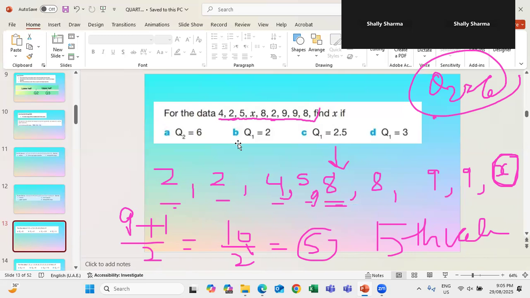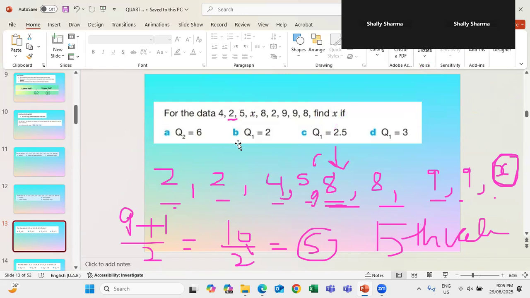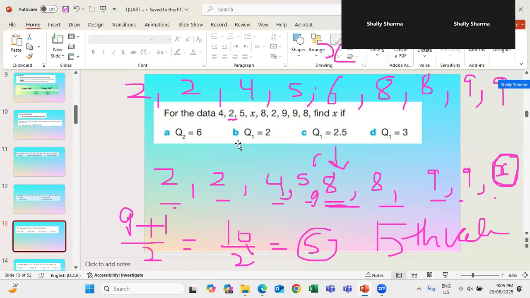So I will put my x at this place, 6 here, and then shift the 8s to the next places. So my data now looks like 2, 2, 4, 5, 6, which I will arrange here as x, and then 8, 8, 9, 9. This way, the fifth value comes out as 6. So that means x should be 6.